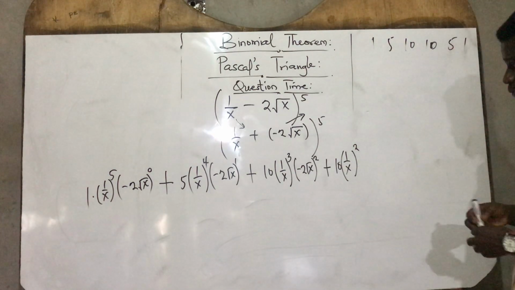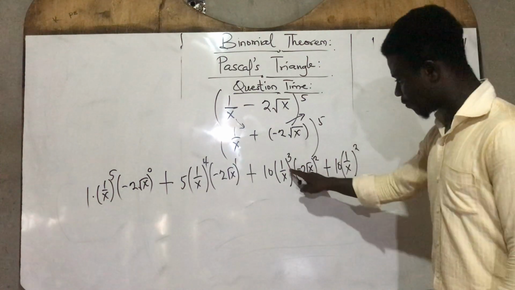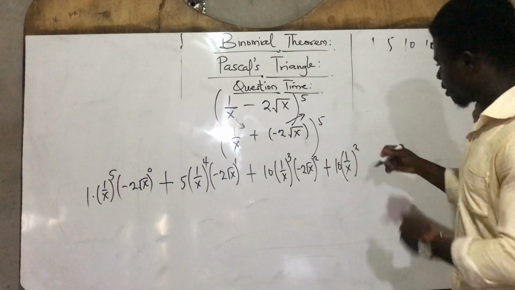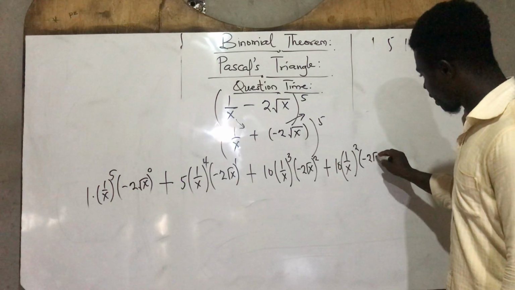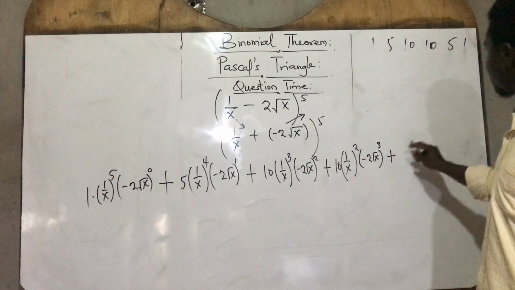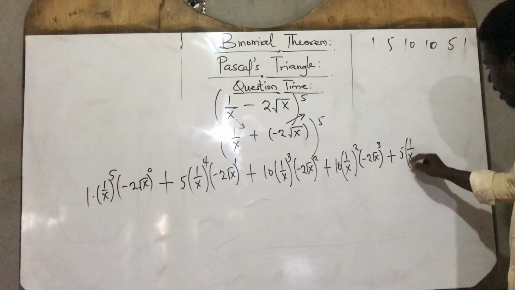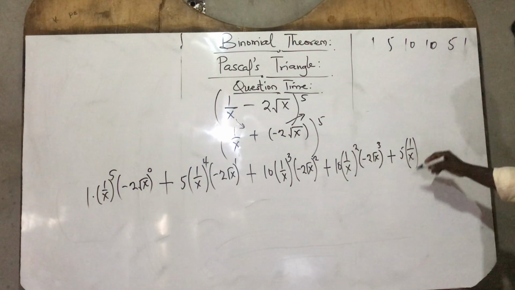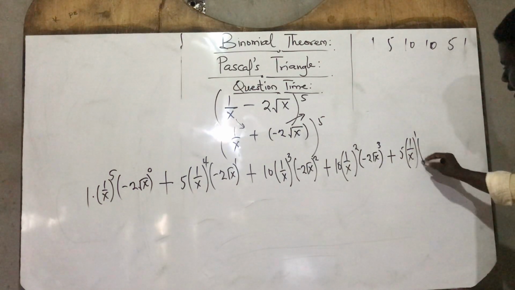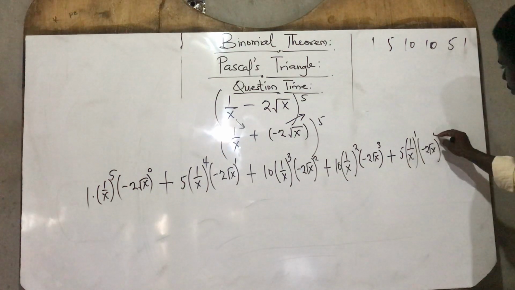So please watch out, or you'll be making some petty mistakes. You have to watch very carefully. It is reducing. Then here, minus 2 root x to the power 3. Then plus 5, it moves on. Then 1 on x, it is reducing, so to the power 1, then times minus 2 root x to the power 4.